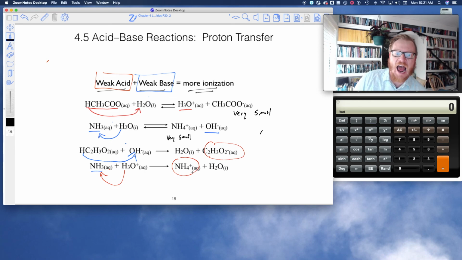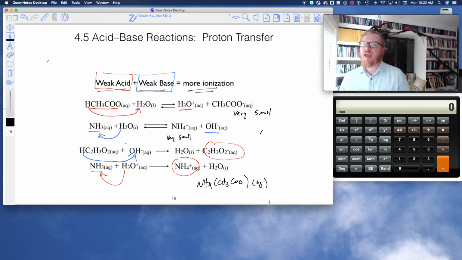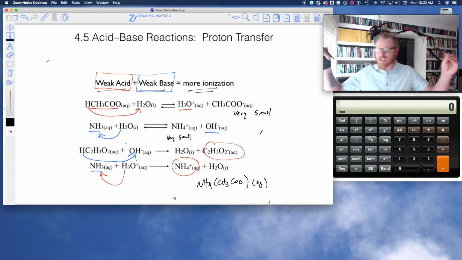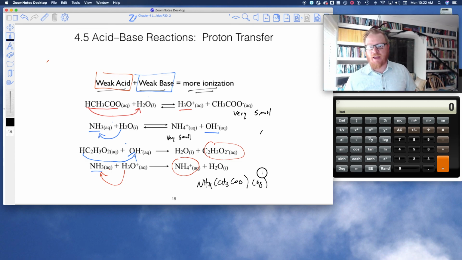We titrate out all of the H plus and hydroxide, and what we're left with is NH4. I'm going to write it differently and put a parenthesis around it so it's not as confusing. What we end up with is ammonium acetate, cation, anion, and it's dissociated completely. That's what the aqueous means. Okay, moving on.